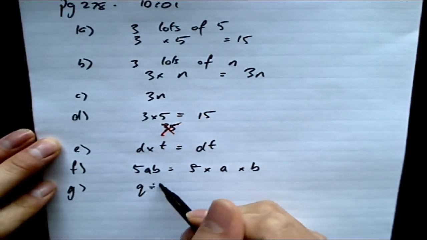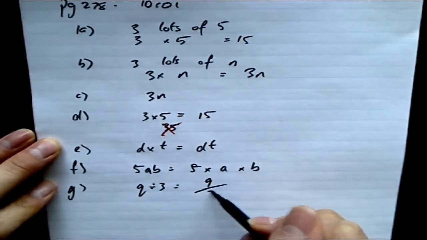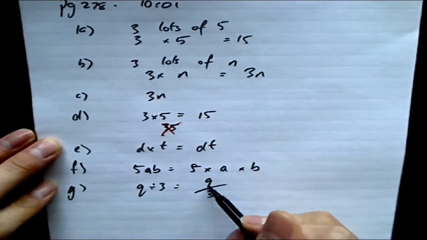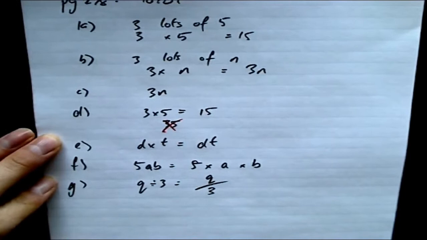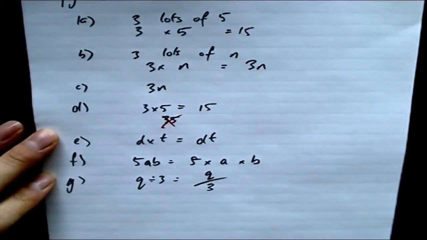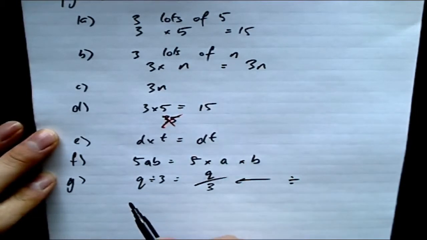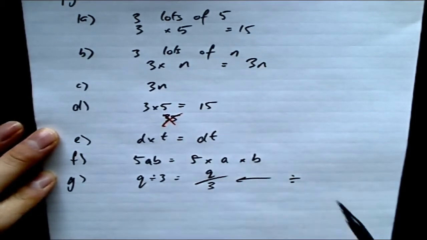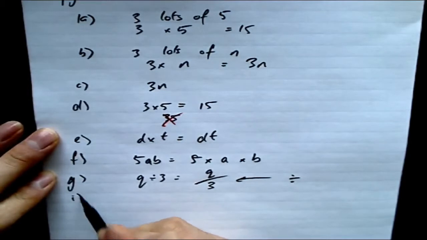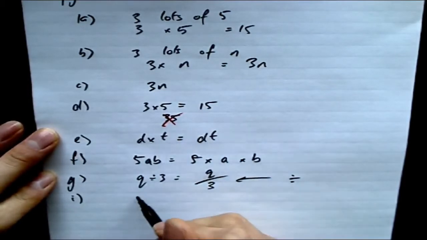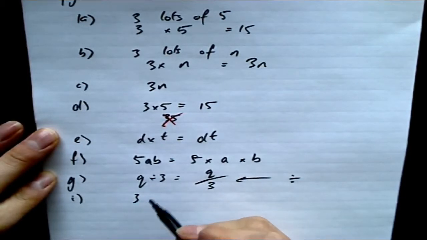Q on 3 in a different way. So that's Q on 3. What does it mean? I have no idea. Well, I'm guessing that's supposed to be a division sign. And then, what's the difference between 34y and 3 times 4 times y?